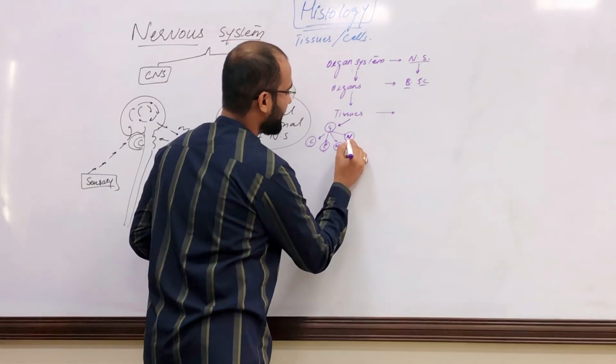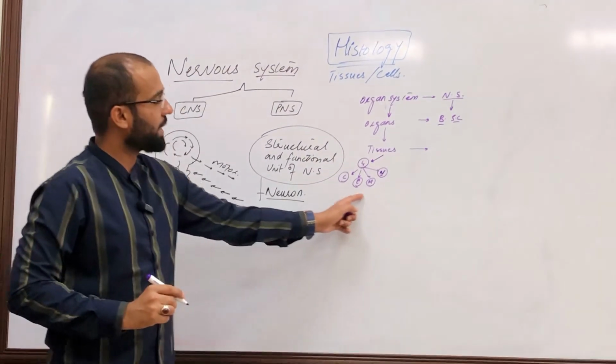Muscular has 3 types, but okay, fine, we have 4 kinds of tissues.